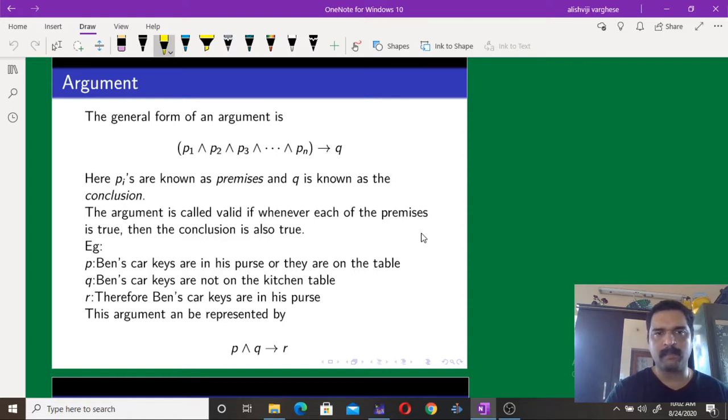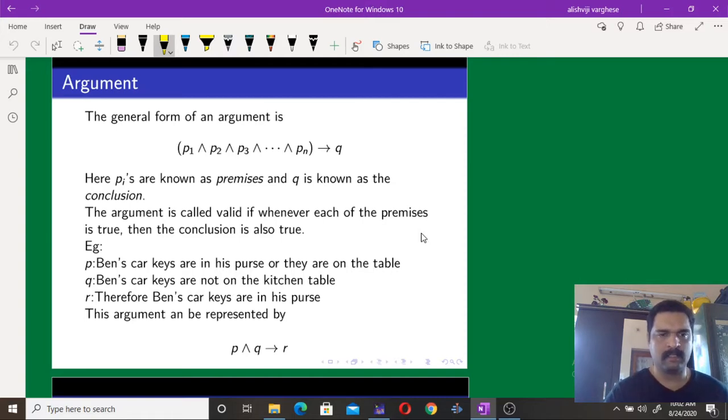If all the premises are true, then the conclusion is also true. In that case, we can conclude that the argument is a valid argument. No other combination is important. If any of these premises is false, then the conclusion may be either true or false.